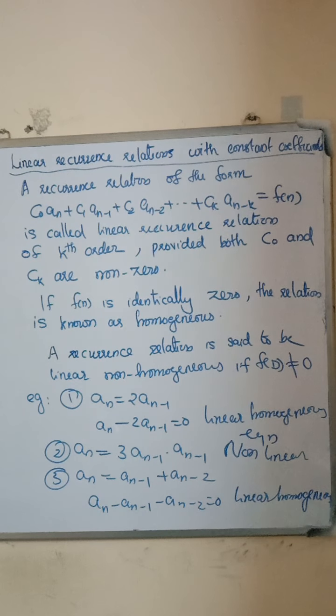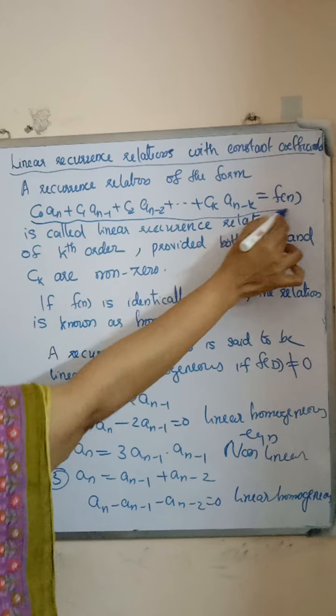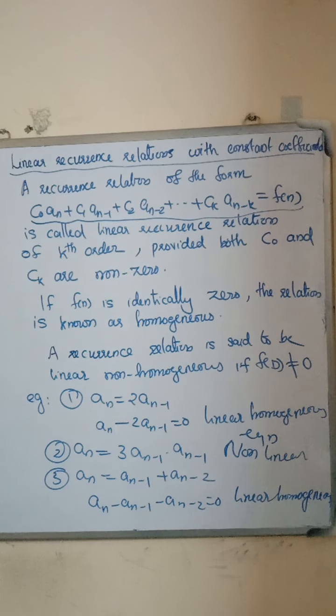Next, linear recurrence relations with constant coefficients. A recurrence relation of the form C0 an plus C1 an minus 1 plus C2 an minus 2 plus etc. plus Ck an minus k is equal to f of n is called a linear recurrence relation.